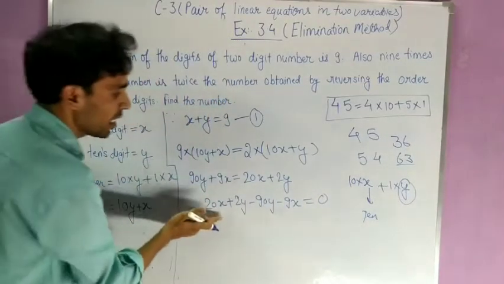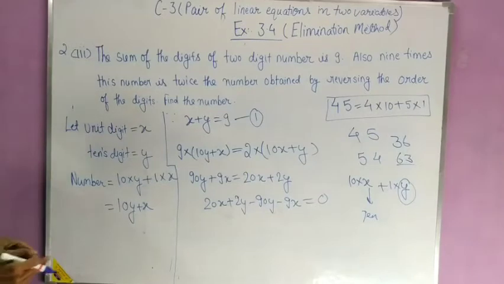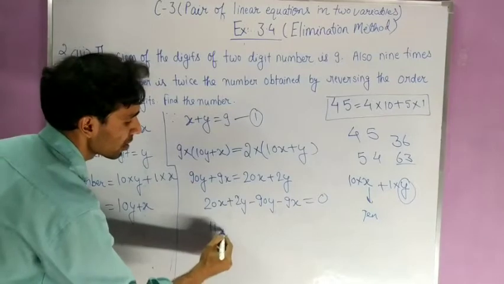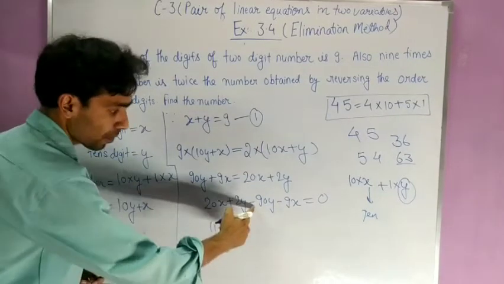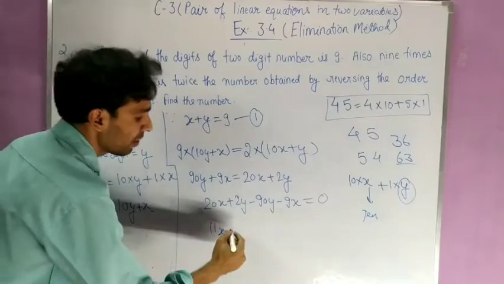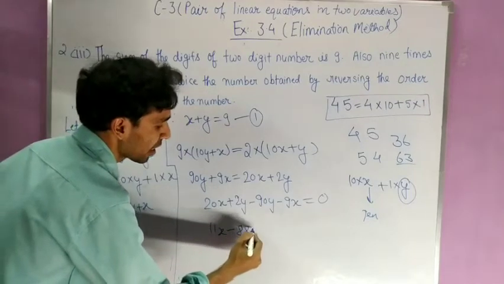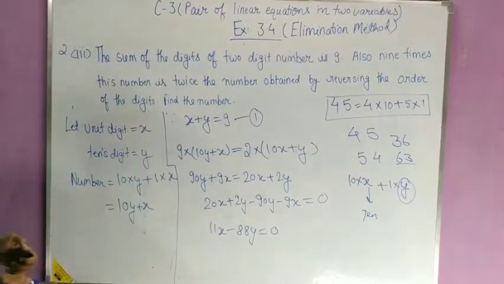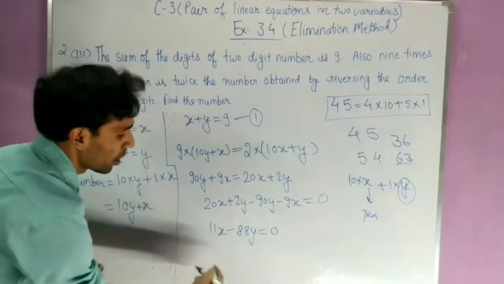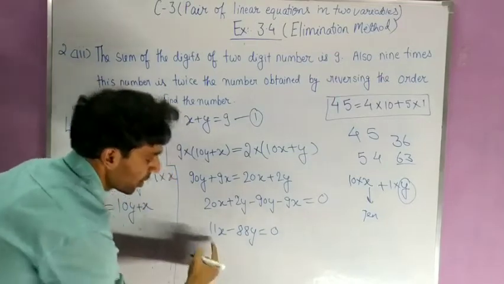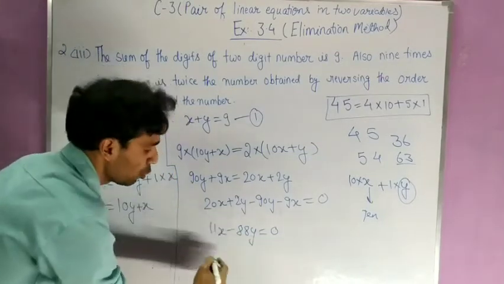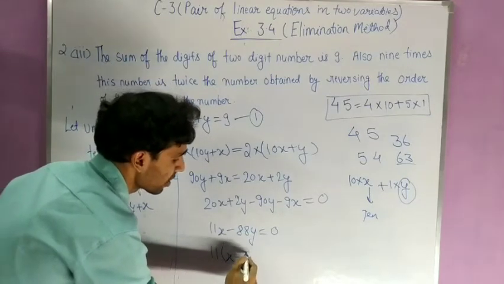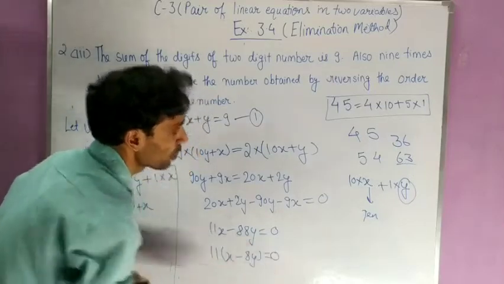Now 20x minus 9x, how much? 20x minus 9x will become 11x, and 2y minus 90y becomes minus 88y equal to 0. Now, 11x minus 88y, you can take 11 as common, so it will become 11 times x minus 8y equal to 0.